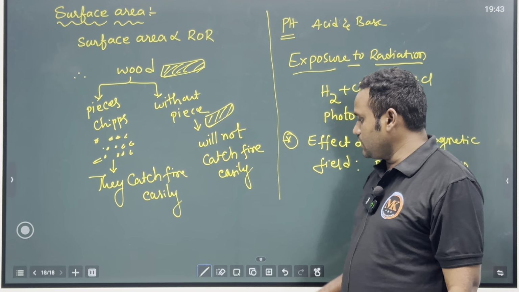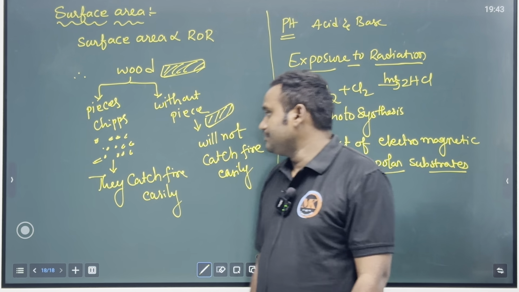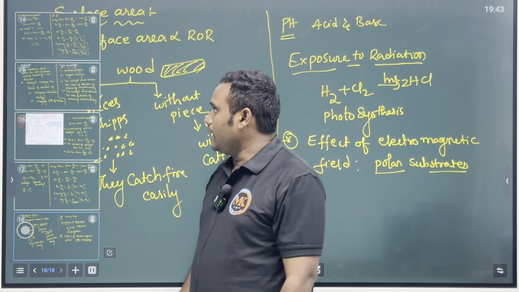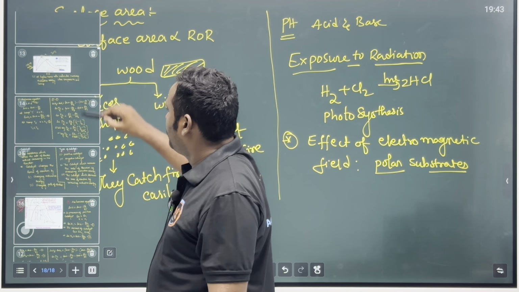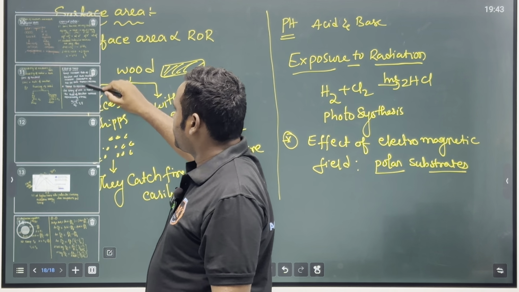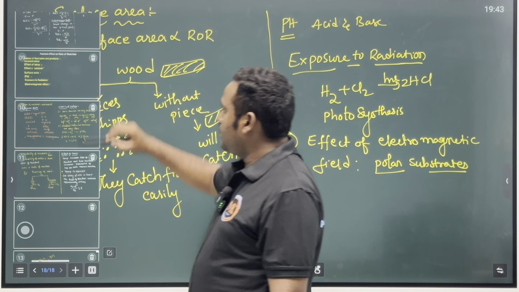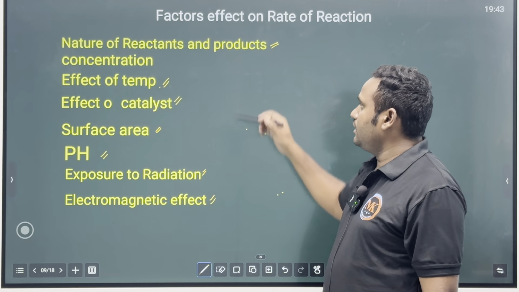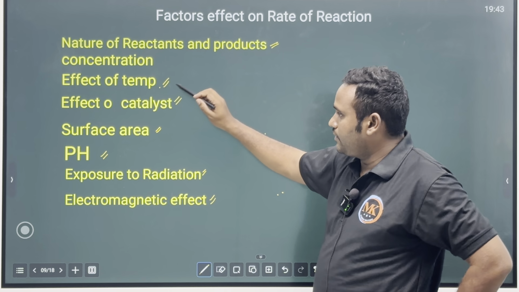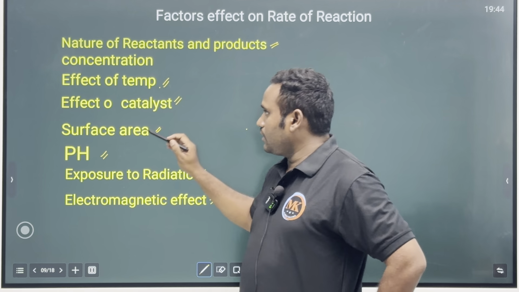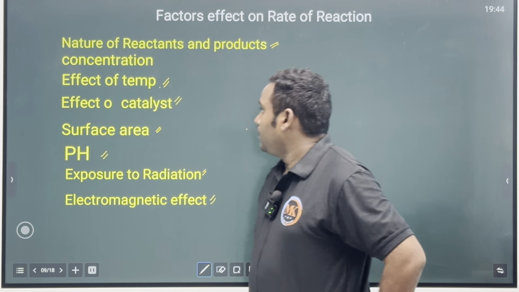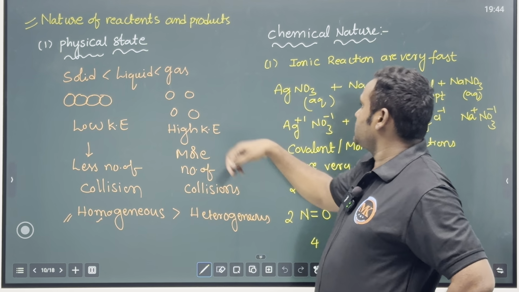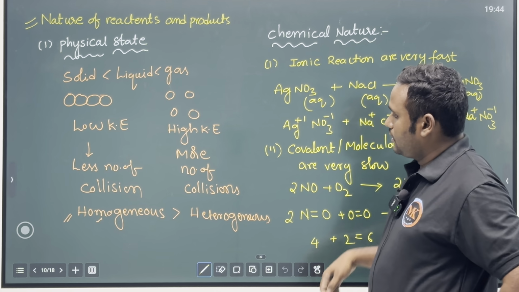Okay, what did we discuss in this class, children? Now let's see what I have explained to you. I have explained the factors affecting the rate of reaction. Nature of reactants and products, concentration, effect of temperature. Nature of reactants and products: physical state and chemical nature.